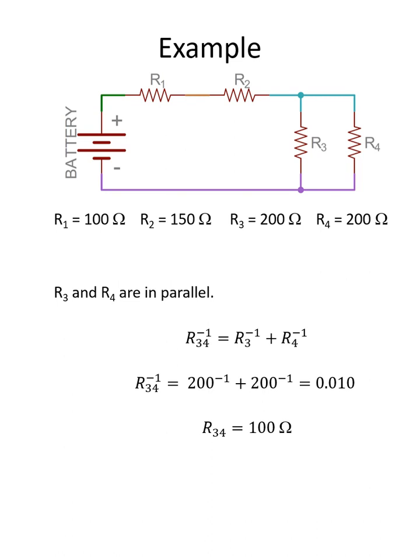Components are in series only if the current through one component has no place to go but through the next component. And so the first thing we can do is recognize that R1 and R2 are in series, and they are in series with this parallel bit right here.